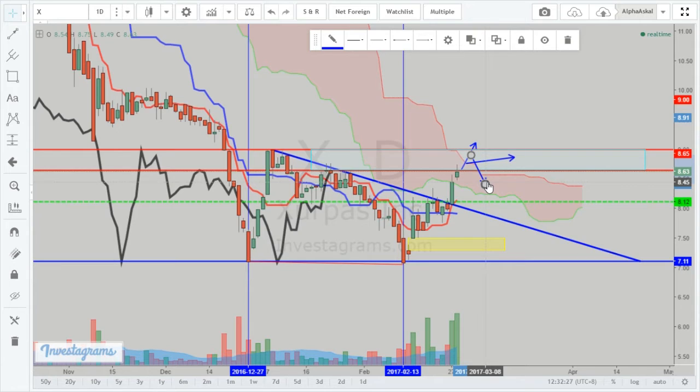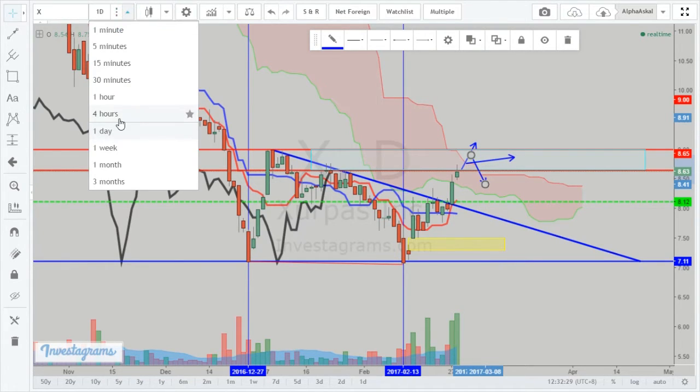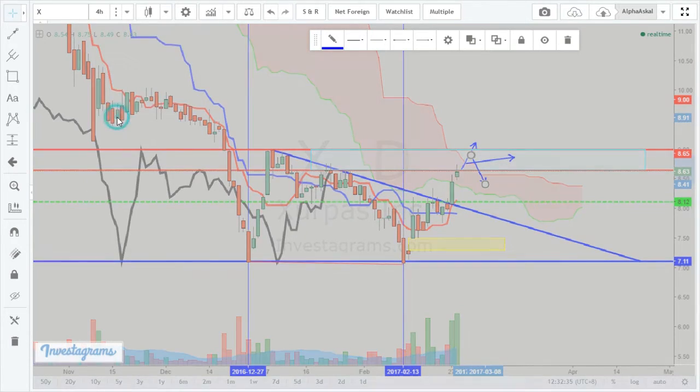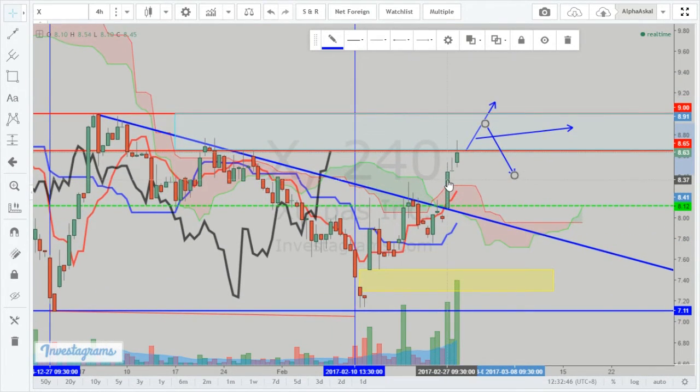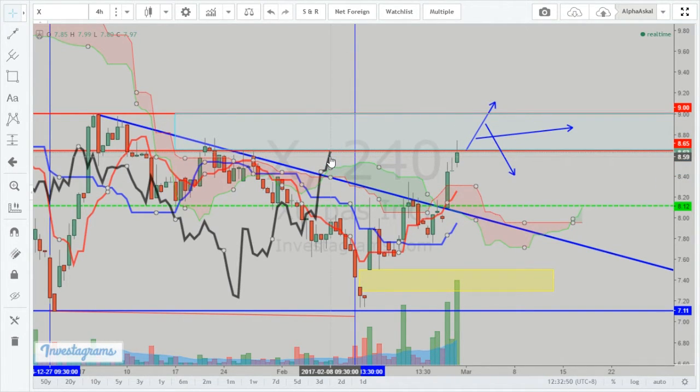And if we go back to the 4-hour chart, which gave our early signals, and it would have a domino effect on the daily chart. We already closed outside Kumo. Our Chikou span already closed outside Kumo.